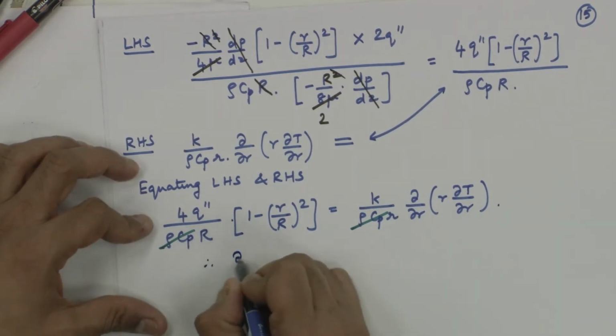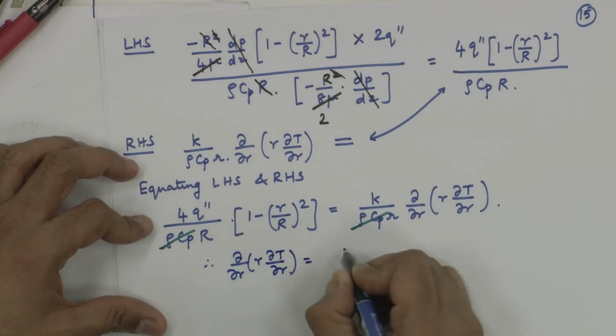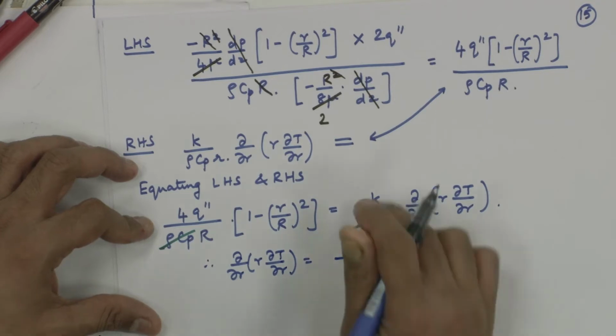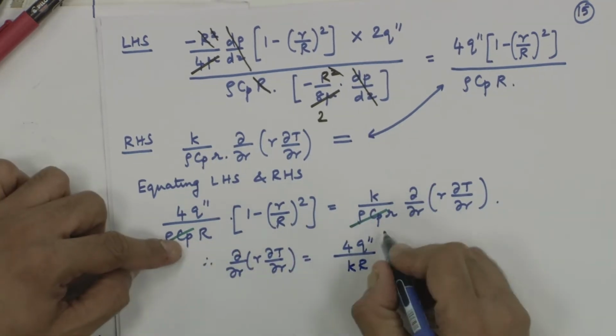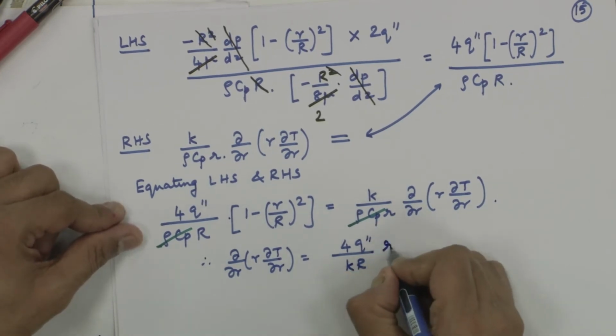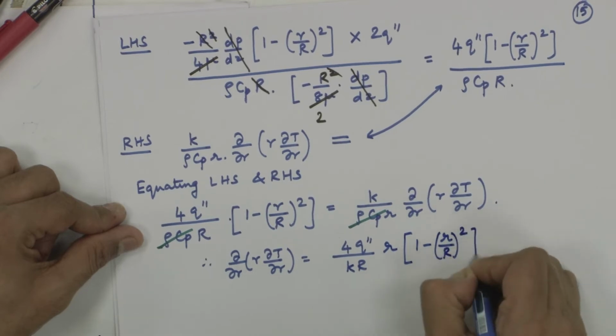So, I get d by dr of r dT by dr is equal to 4 q double prime by k capital R. K comes down, capital R remains as it is, and you have one r which is lying here. So, that goes here, into 1 minus r by R whole square.